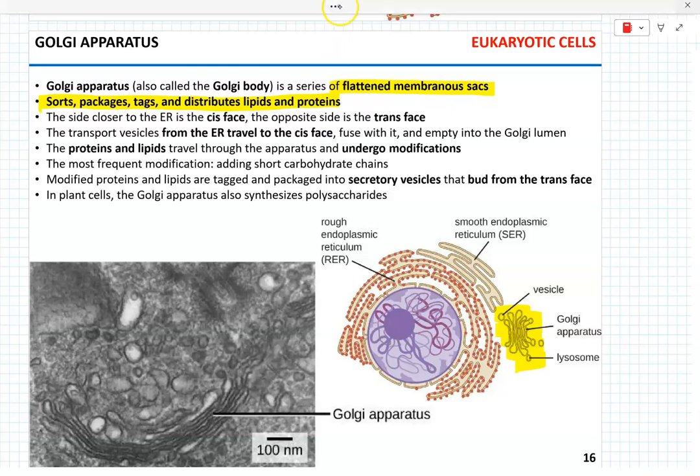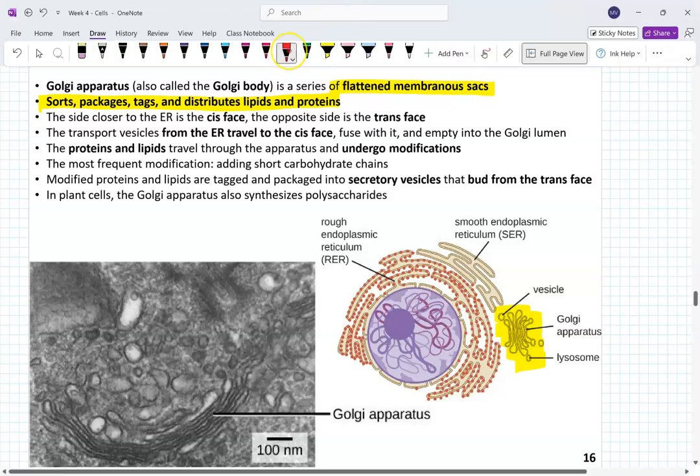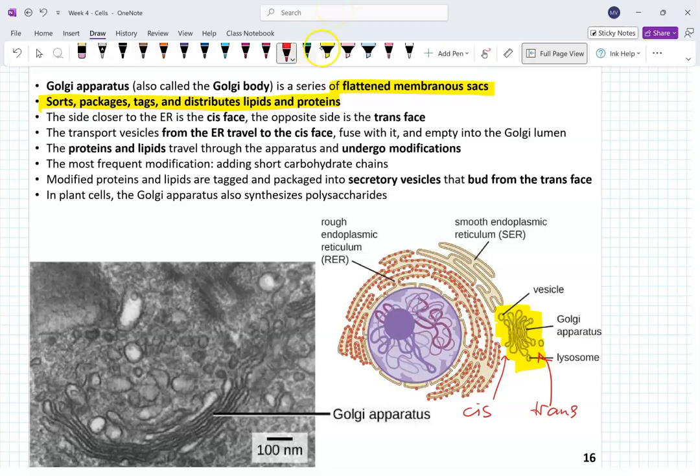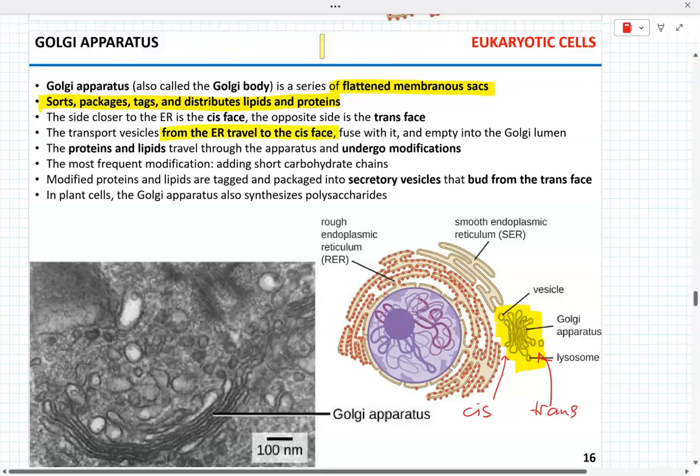The side of the Golgi body that is closer to the endoplasmic reticulum is called its cis phase, and the opposite side that faces cytoplasm is called trans phase. The vesicles that are formed in the endoplasmic reticulum transport substances from the endoplasmic reticulum to the cis phase of Golgi body, fuse with it, and empty their content into the lumen of the Golgi body.